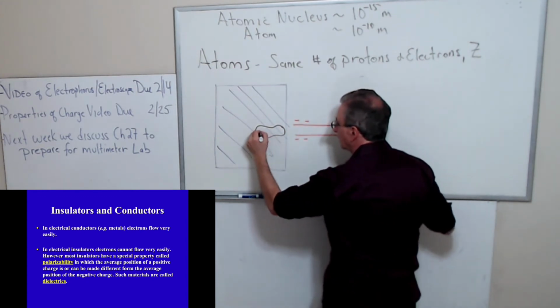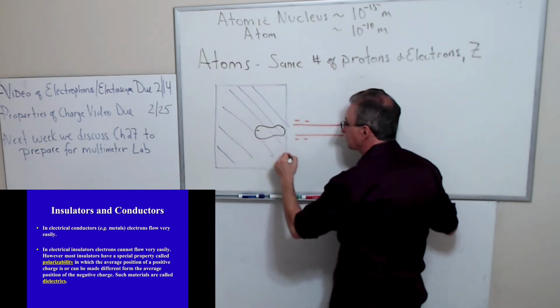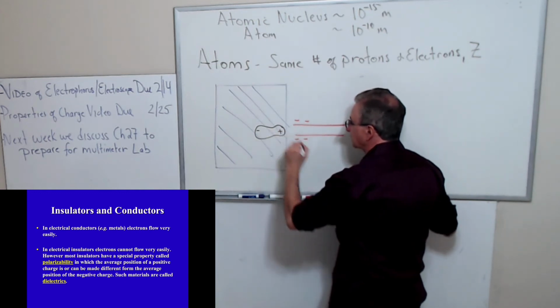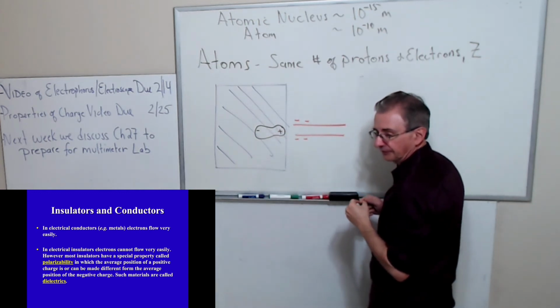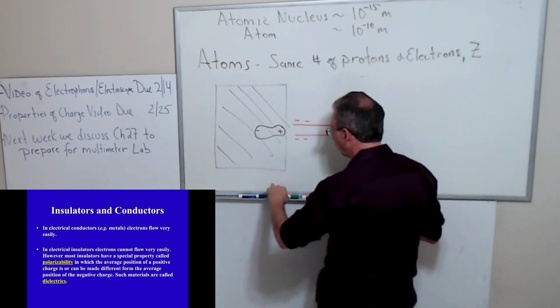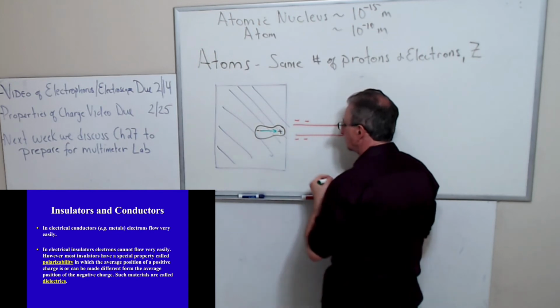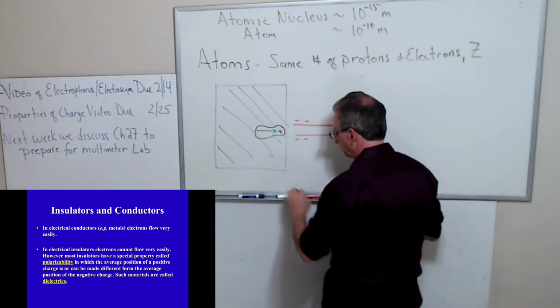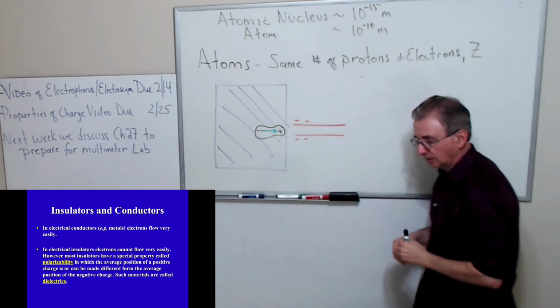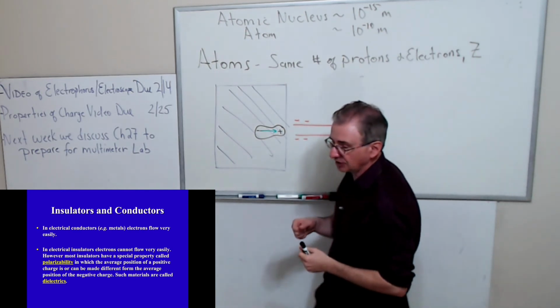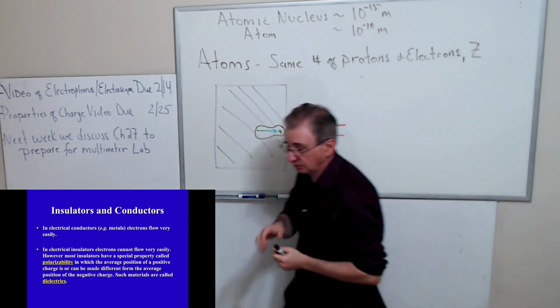And so the negative charge will be pushed away, leaving the positive charge at the front. And what you'll form is called a dipole. You're going to induce a dipole. You're going to separate the positive and negative charge, and you're going to form a dipole.